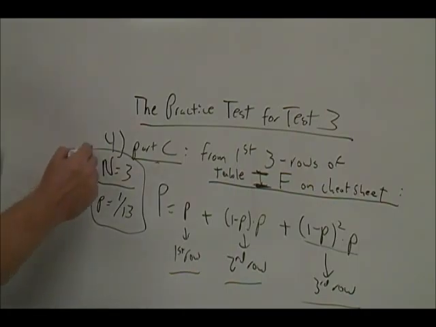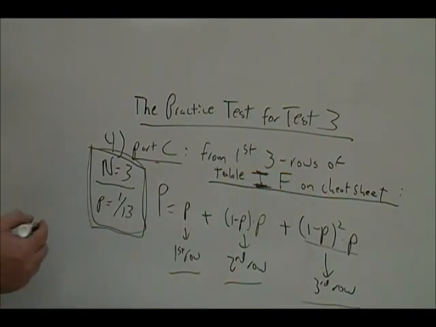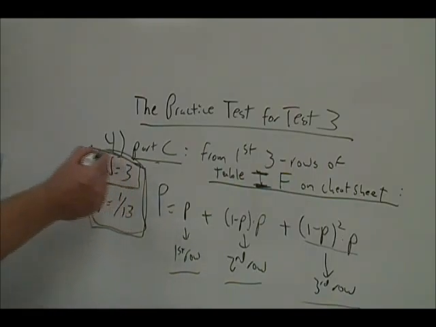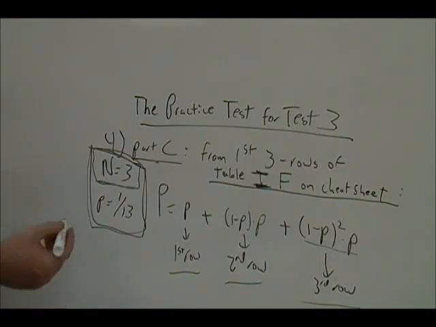Also recall from the last video that since it says by the third draw, the capital N here is 3. So we're using the first, second, and third rows of table 1F on the cheat sheet. And our little p here, the probability you'll draw an ace in any one given draw, we discovered from problem 3A to be 1 over 13.